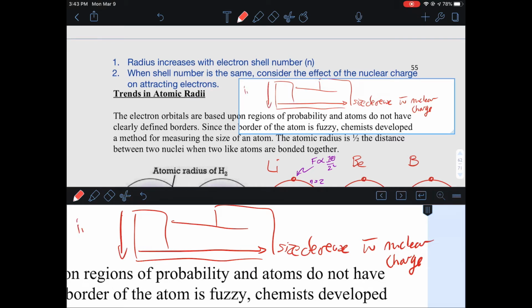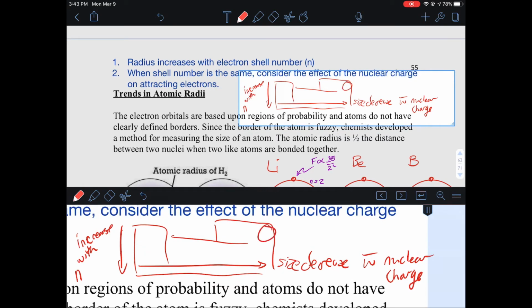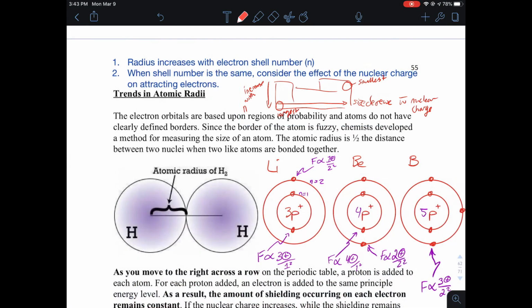And then size increases with n. So we get an increase with n going down and a decrease with nuclear charge going across. This makes the smallest element up in the corner here. This will be the smallest, and this will be the largest.